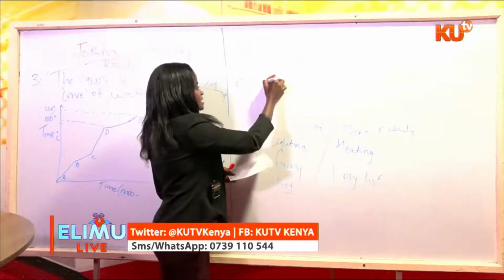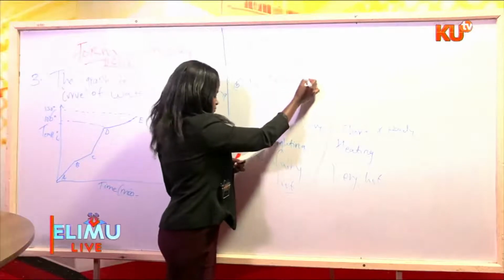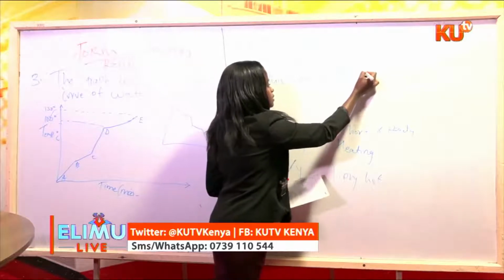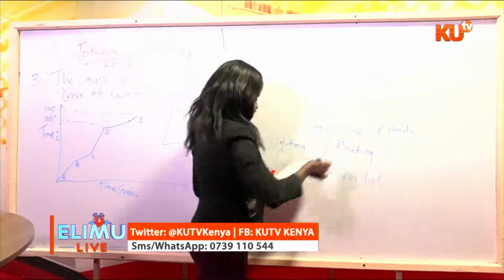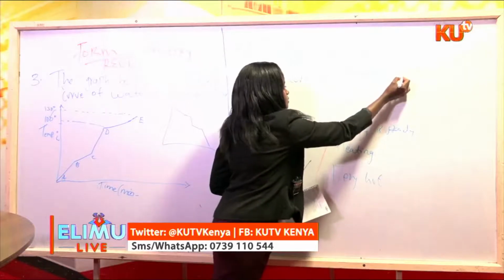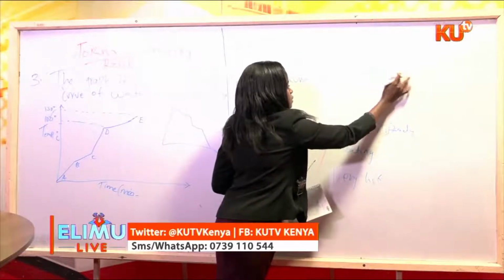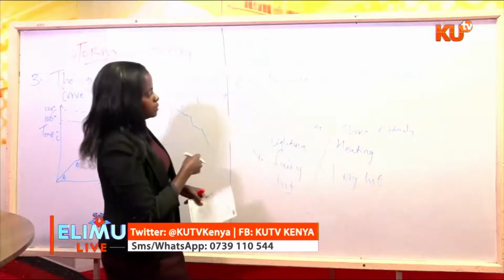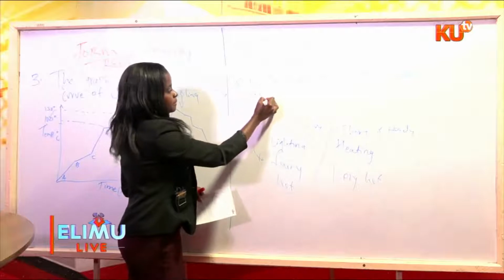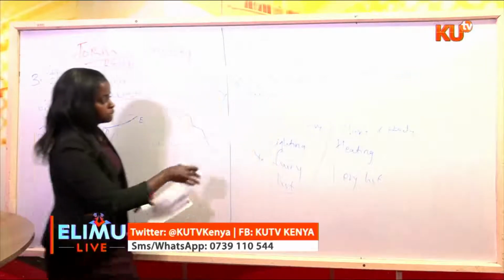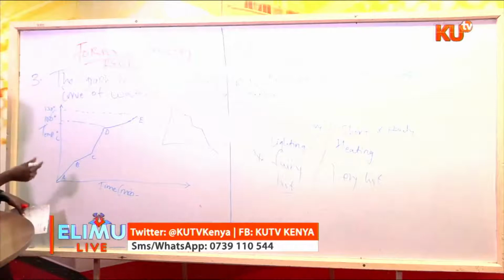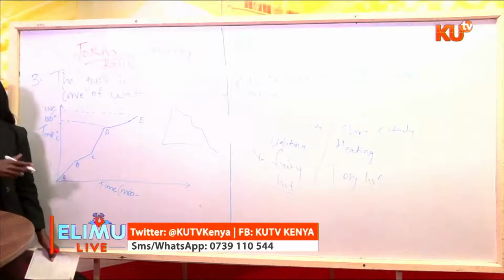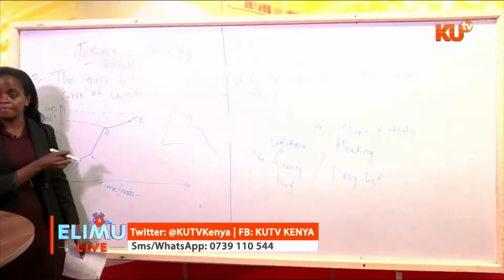Is this curve for pure or impure water? Then you're told to explain. So how do you tell this is a pure or an impure curve?